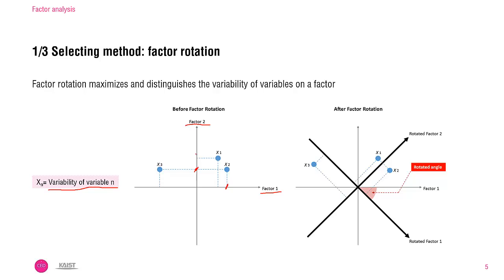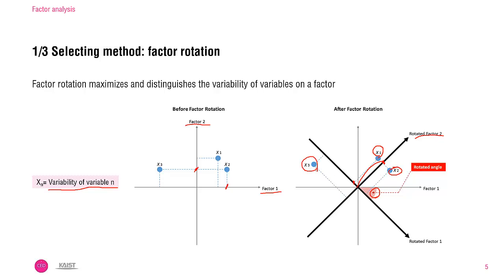But if you rotate the axes, so rotate factor 1 and factor 2 by this amount of degrees, then suddenly x1 has different coordinates in terms of rotated factor 1 and rotated factor 2. Although the variability of variable 1 with regard to rotated factor 1 is much reduced, the variability of variable 1 with regard to rotated factor 2 is largely increased. And the same thing happened to variable 2 and variable 3.